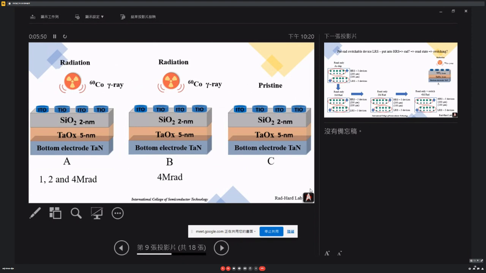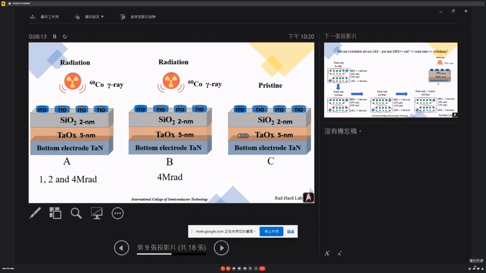I call them devices A, B, and C. A is the device where I accumulate the radiation in steps of 1 mRad, 2 mRad, and 4 mRad. Second, device B is kept constantly in the chamber until it accumulates 4 mRad. And the third is the pristine.